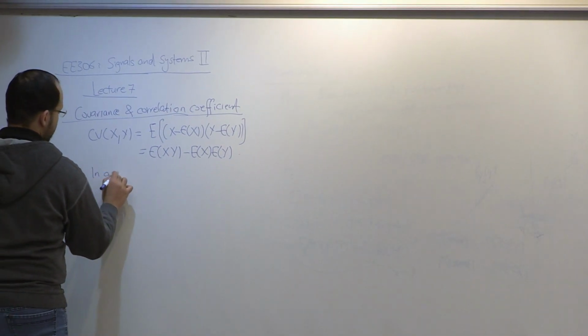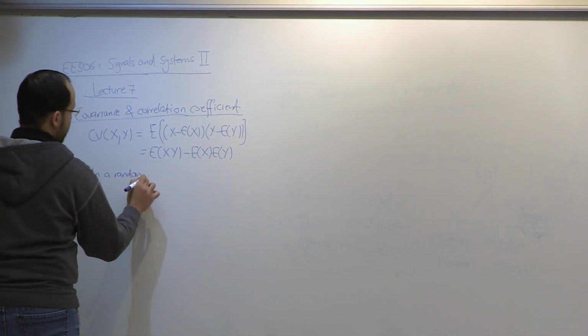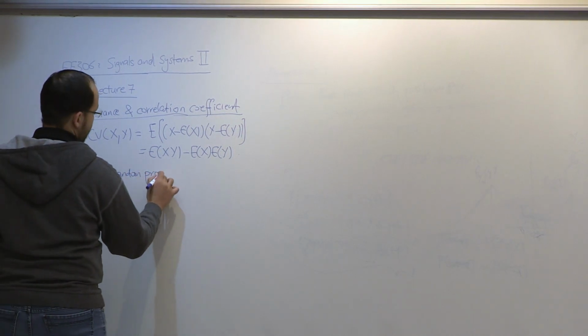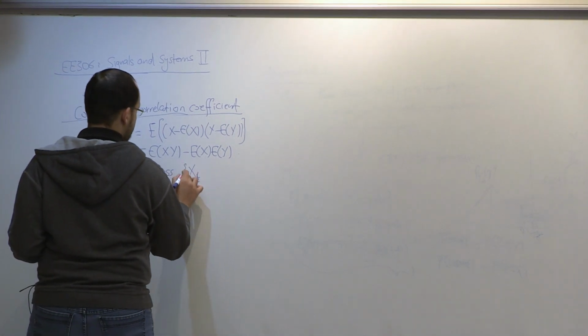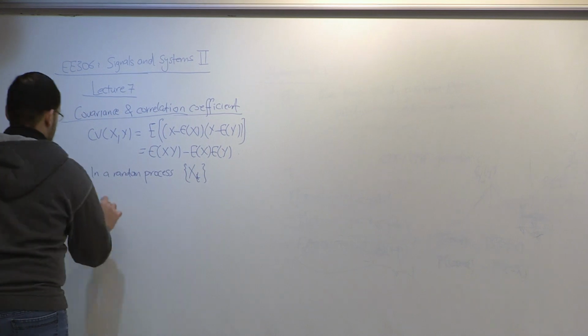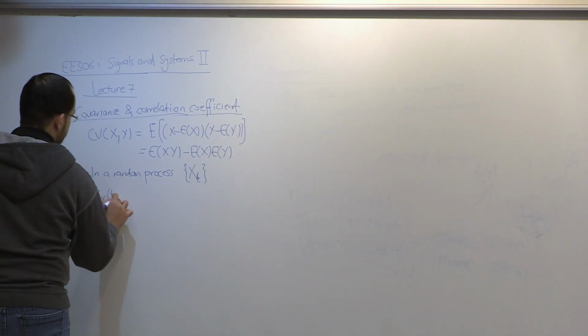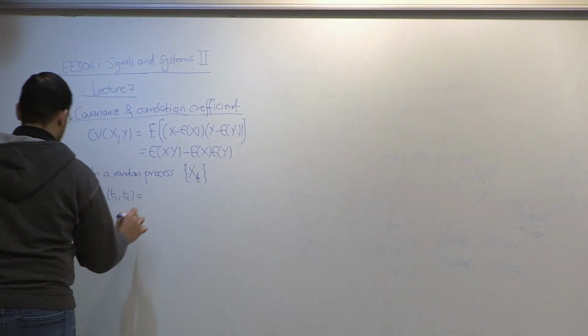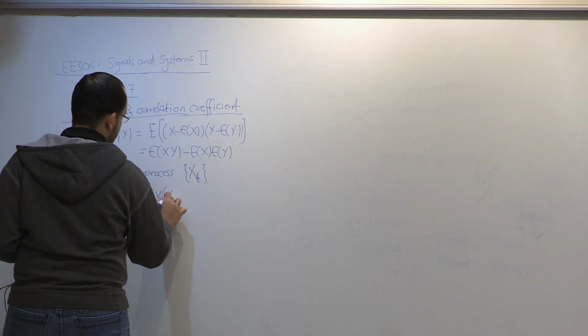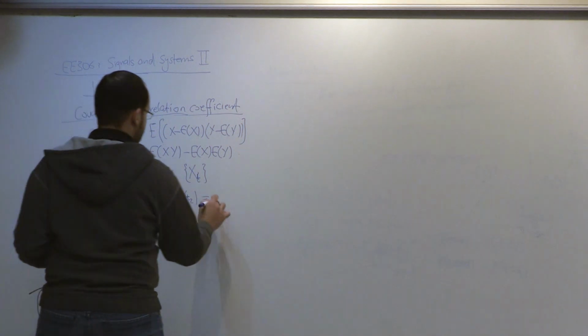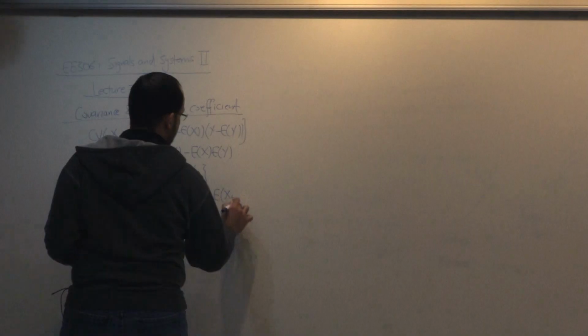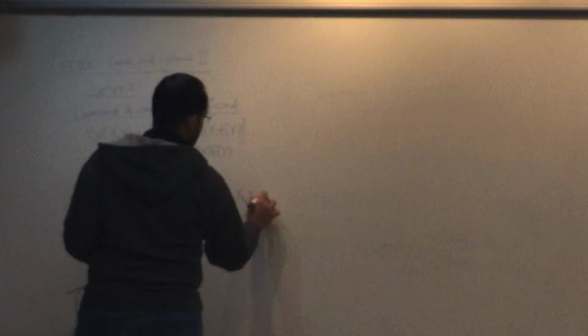In a random process, we will talk about this also in more detail, that is X(t), K_X of t1 and t2 is the covariance of X(t1), X(t2), which is the expected value of X(t1)X(t2) minus the expected value of X(t1) times the expected value of X(t2).